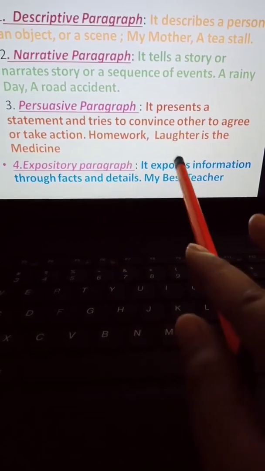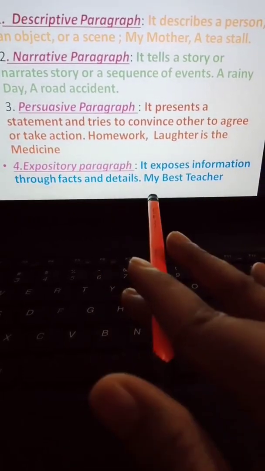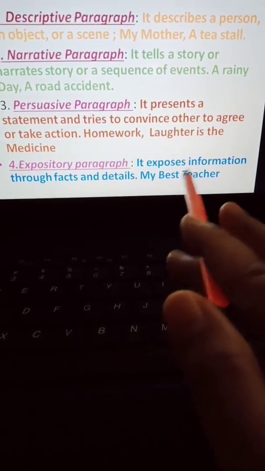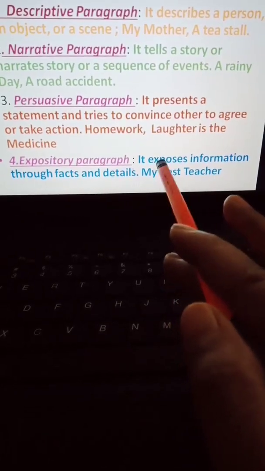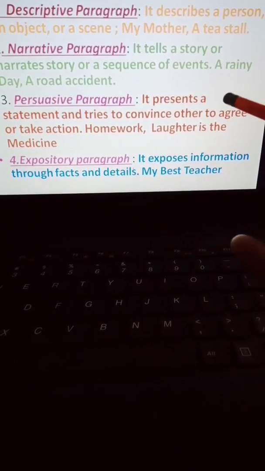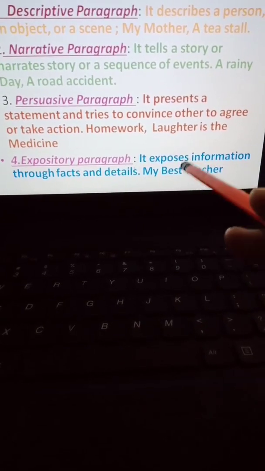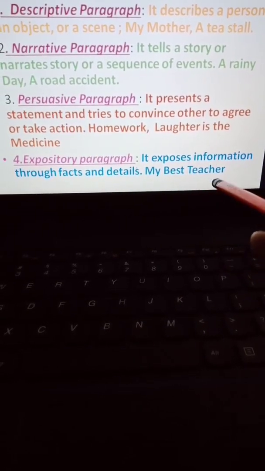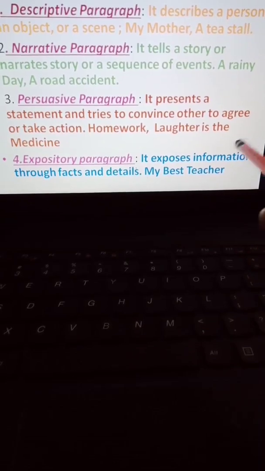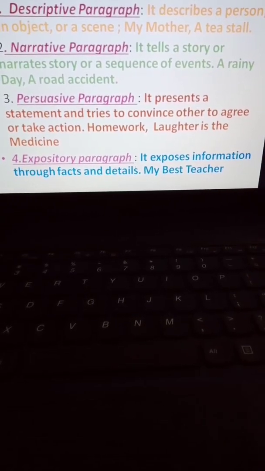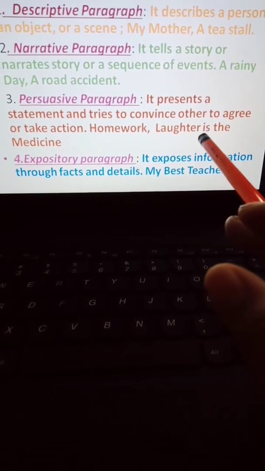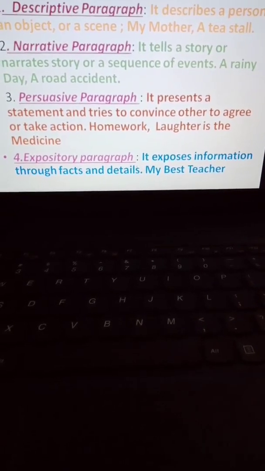Expository paragraph, it exposes information through facts and details. For example, my best teacher. So if you want to explain why he or she is the best teacher to you, okay, you should provide some logical information about your best teacher.